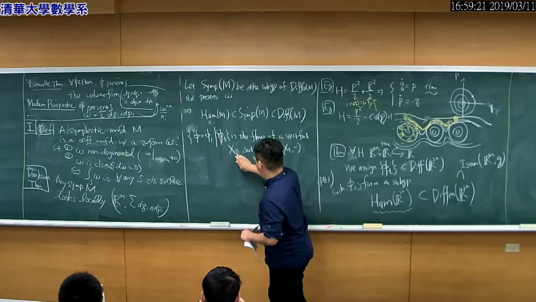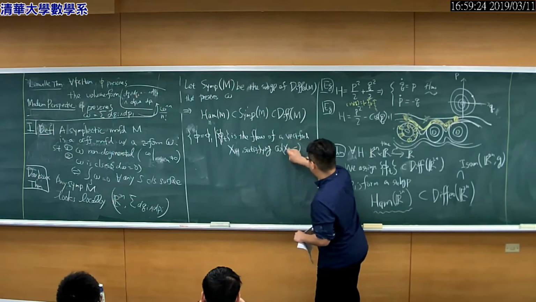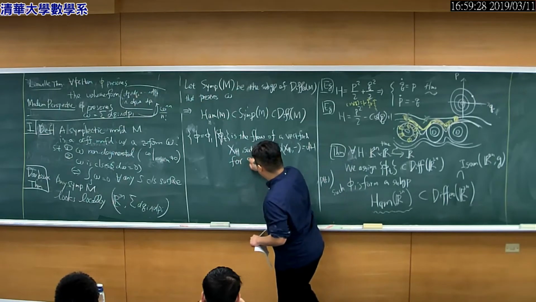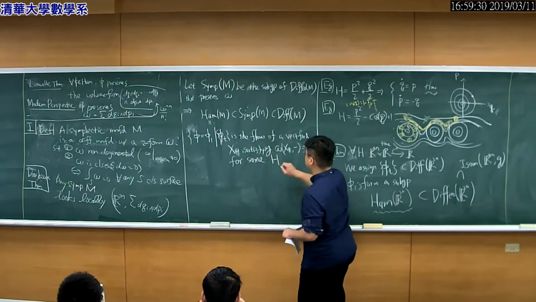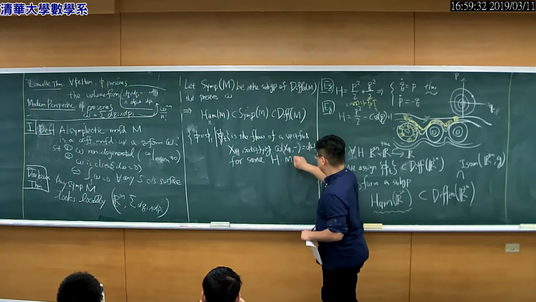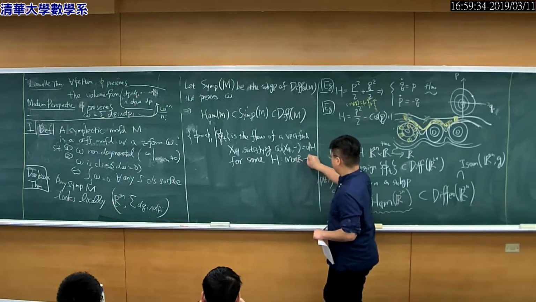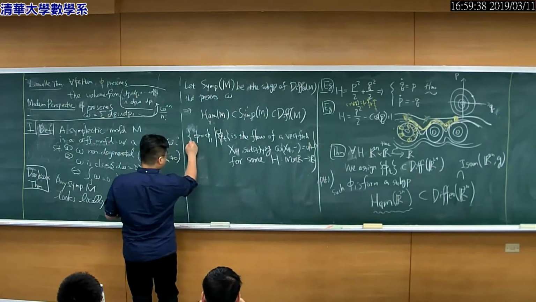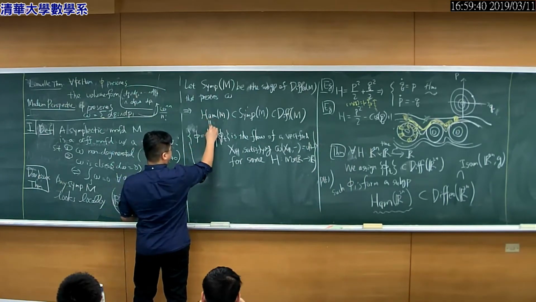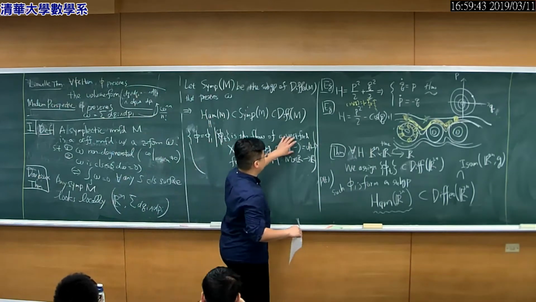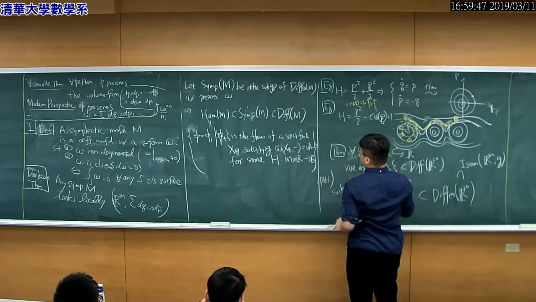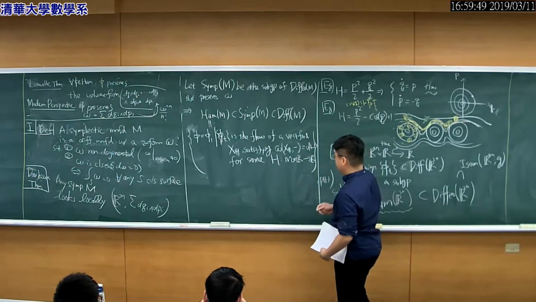This is X_H for some H. So this is just the equation. This is exactly the same equation, but more abstract.